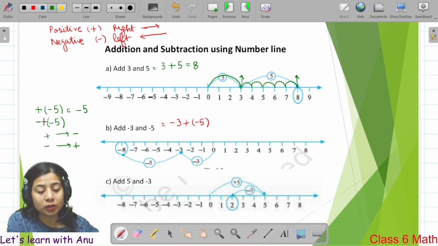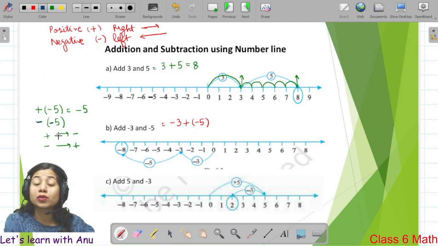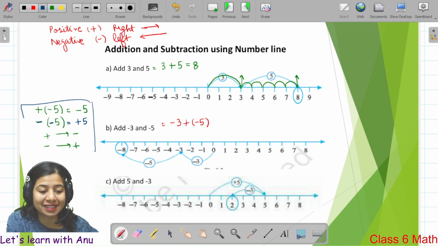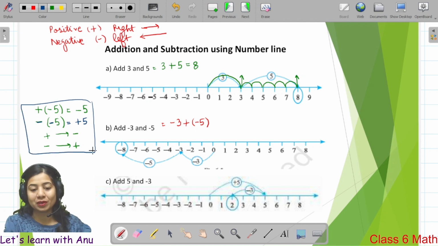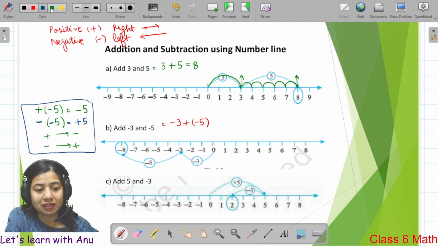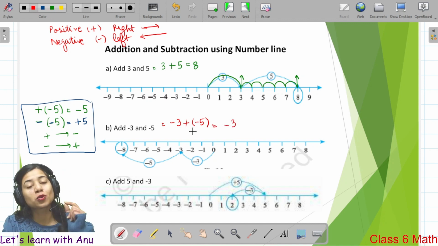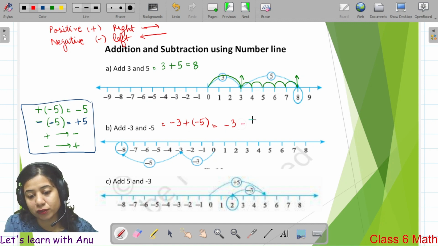So here outside the bracket we have negative sign, and inner bracket is also having minus sign, so it will change and it will become plus 5. This is a very important rule of brackets, class. I want all of you to remember. So let's do it again ahead. So it's minus 3 because outside it's positive, so sign is maintained, so it is minus 5.